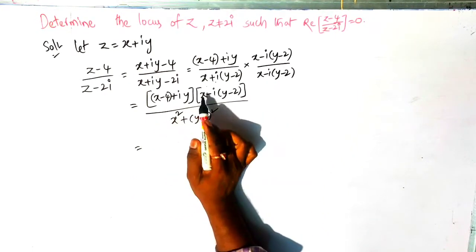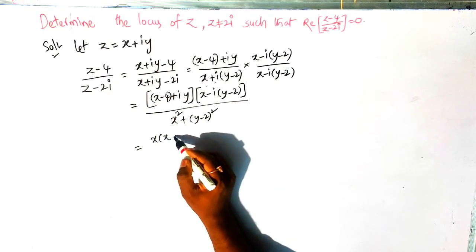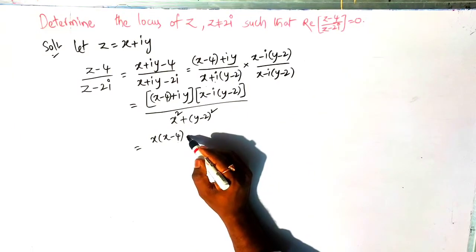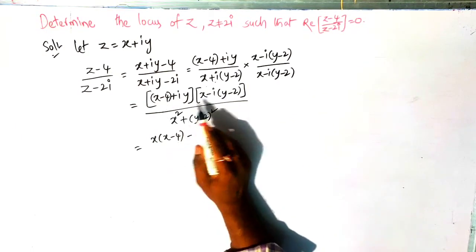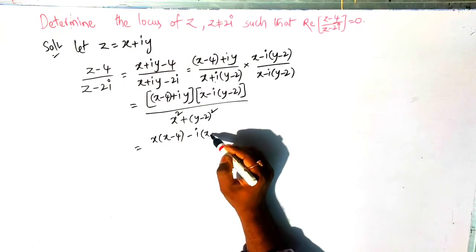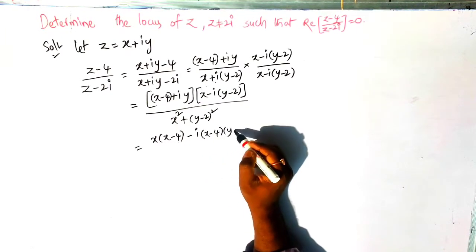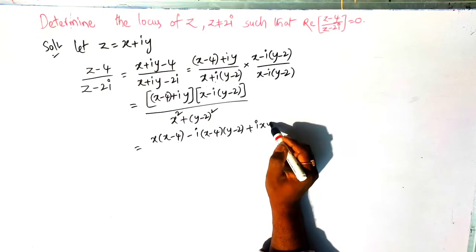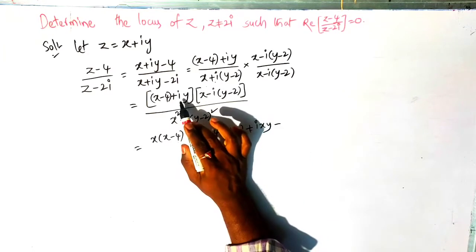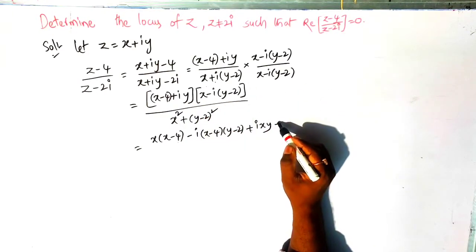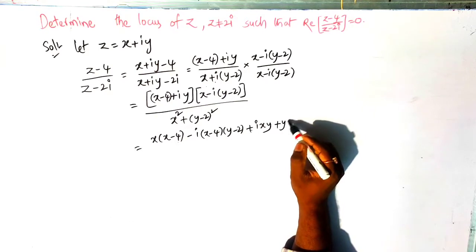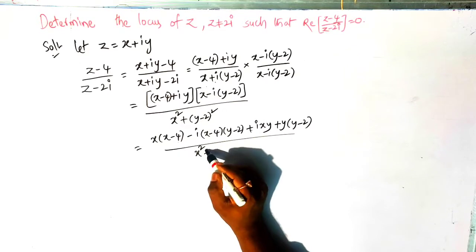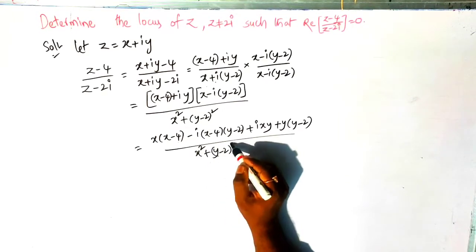So x into x minus 4, x of x minus 4, minus this into this, that is i of (x minus 4)(y minus 2), plus ixy, minus i square, value minus 1, minus into minus gives plus y of y minus 2, divided by x square plus (y minus 2) whole square.